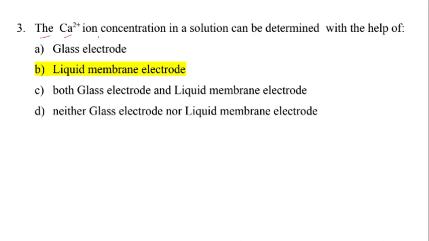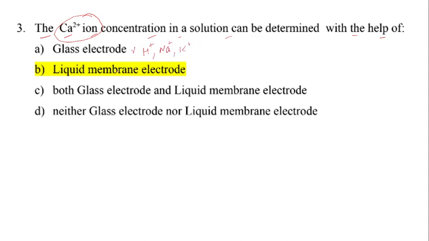The Ca+2 ion concentration in solution can be determined with the help of... you need to analyze Ca+2 concentration. So a glass electrode will not be used, because a glass electrode is used for hydrogen ion, sodium ion and potassium ion.